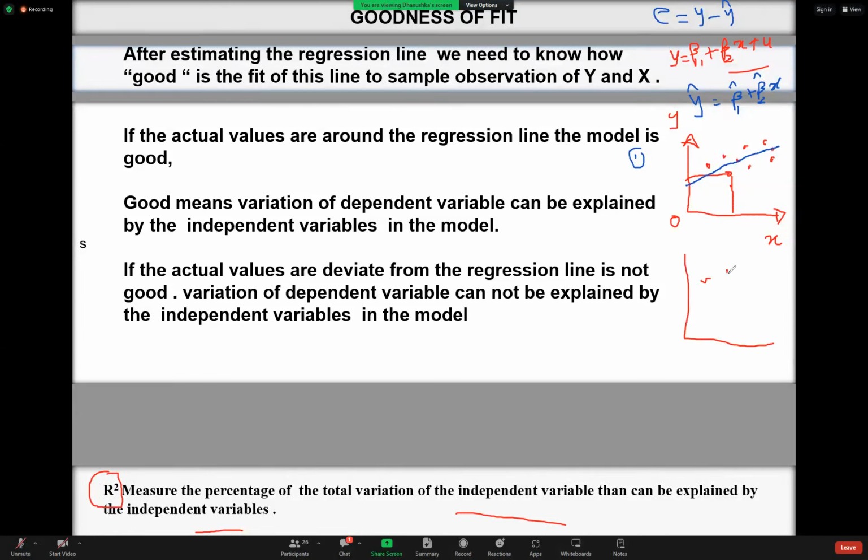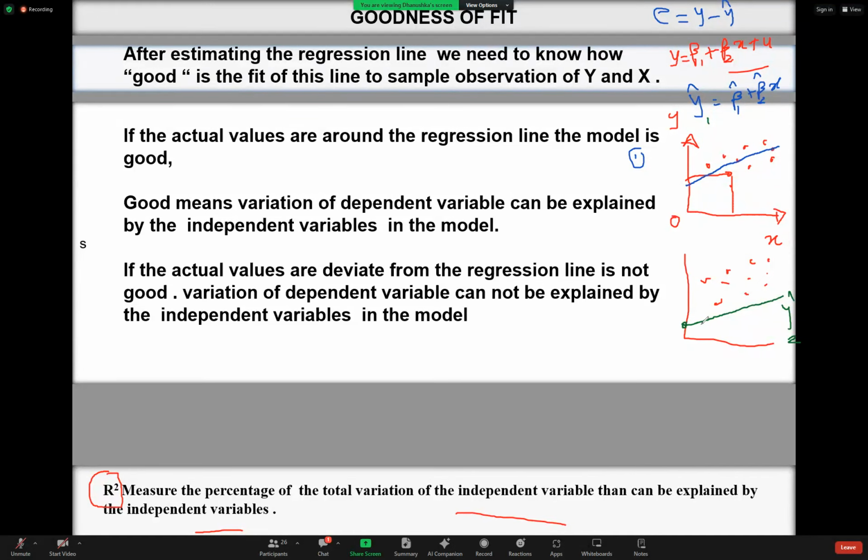Let's say actual values are like this. Then the regression line we estimate is, let's say, like this. This is the Y hat. Let's say this is Y hat 2, this is Y hat 1. So model 1 and model 2.